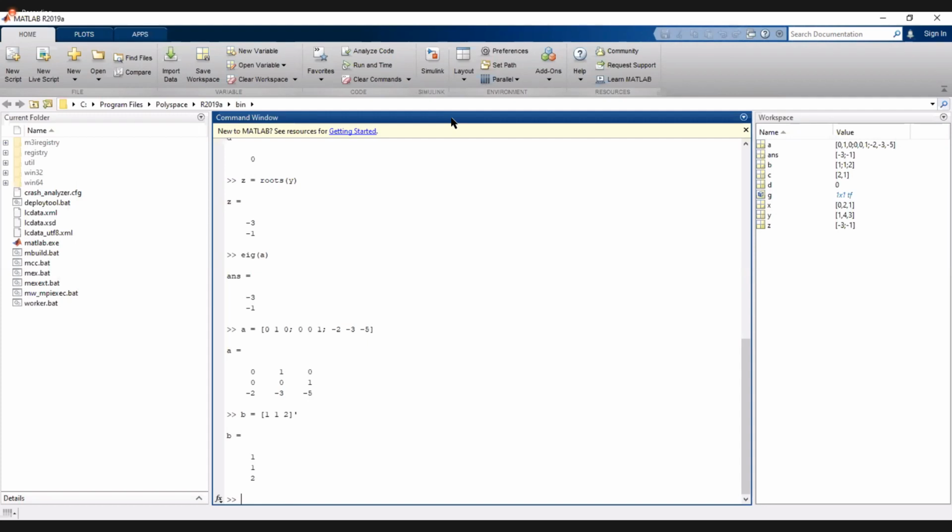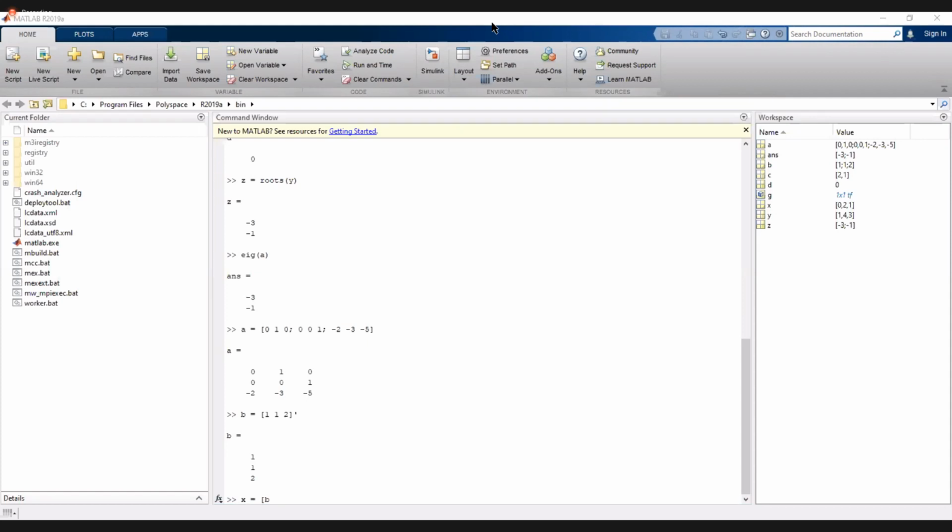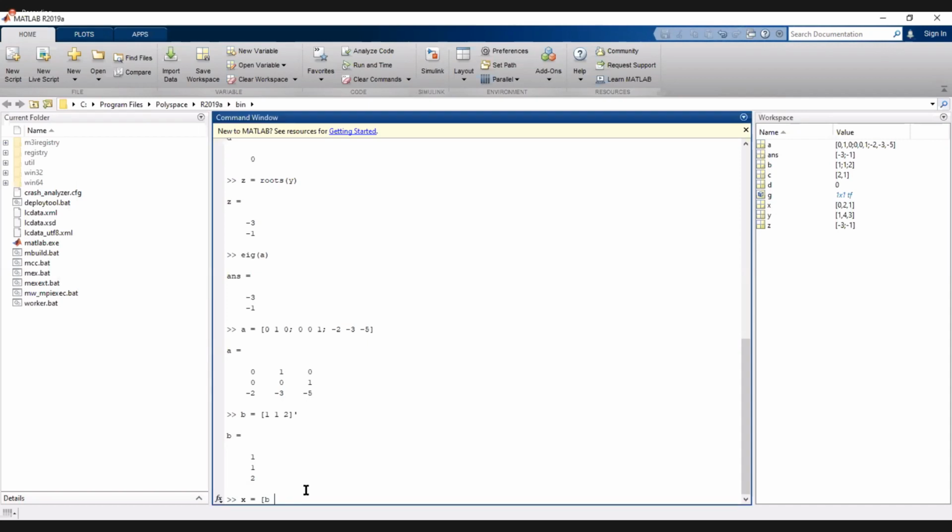we're going to say x is equal to bracket B, then space, A star B, space, A squared star B, close the bracket.